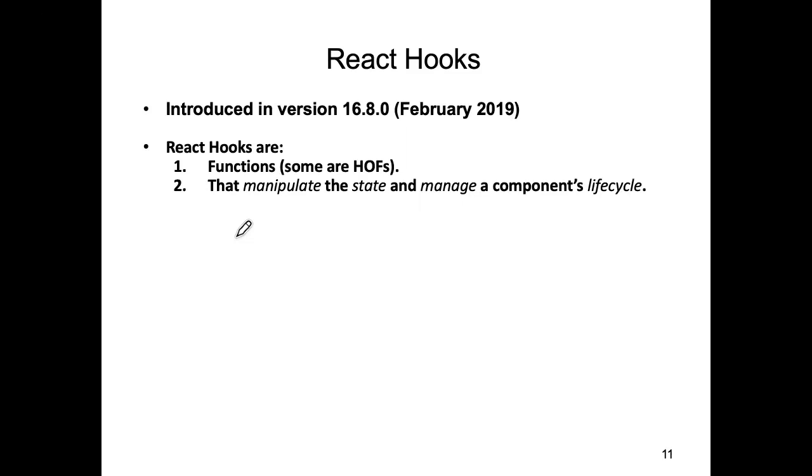In fact, we've seen one hook already, which is the useState function. We would refer to useState as a hook, and we know what its role is, and it did actually return a function to us, a setter method. Number two is that these hooks allow us to manipulate the state part of a component and also to manage the component's life cycle. I'll talk about life cycle a little bit later on.